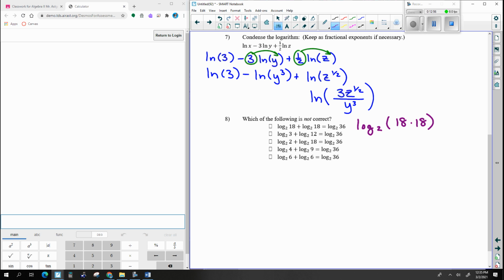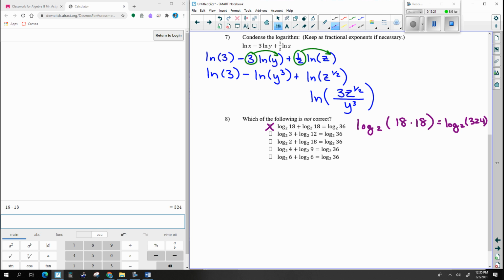Okay, 18 times 18 is not 36. This is log 2 of whatever 18 times 18 is. Yeah, 324. So that one's not correct.